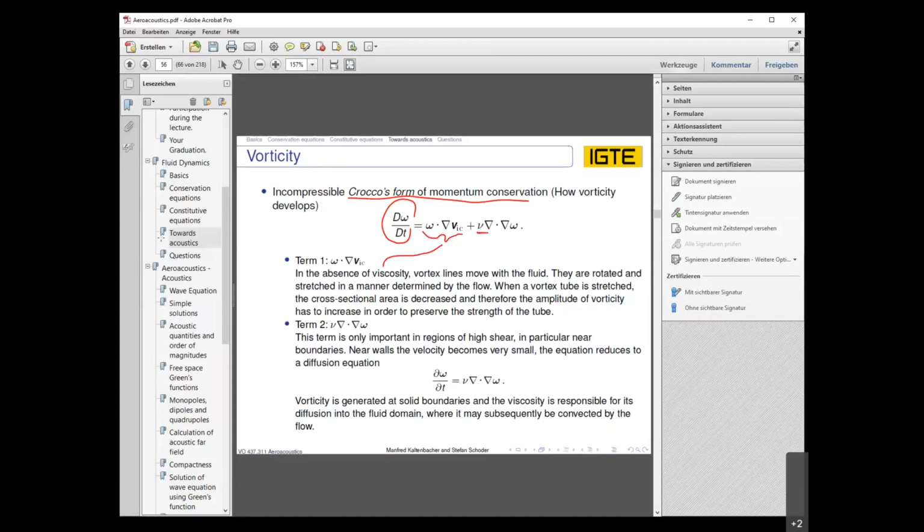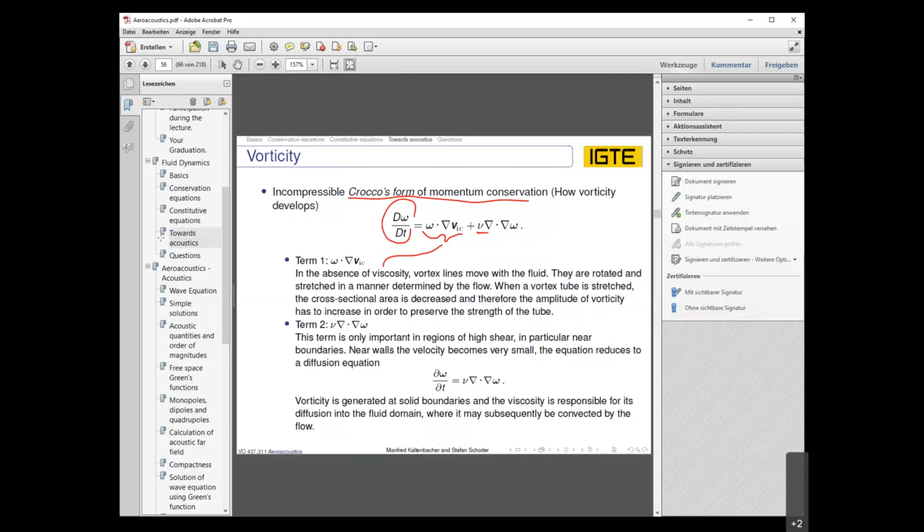The vortex tubes are rotated and stretched in a manner determined by the flow itself. So if you have a flow, then the vortex tubes are stretched and elongated, and the cross section is reduced, so it's somehow conserved.